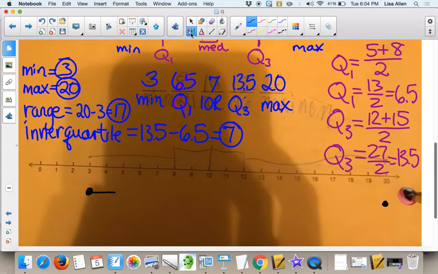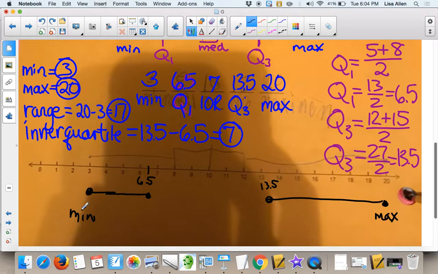Quartile 1 would be 6.5. I'm just going to mark it right here. And then 13.5 is here. So I'm going to mark that here as 6.5, and then 13.5, just so you can see it. I'm going to draw the number line like this here, and that will be the max here of 20, and the min here.